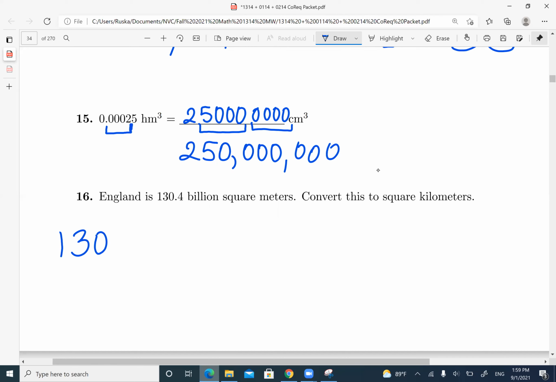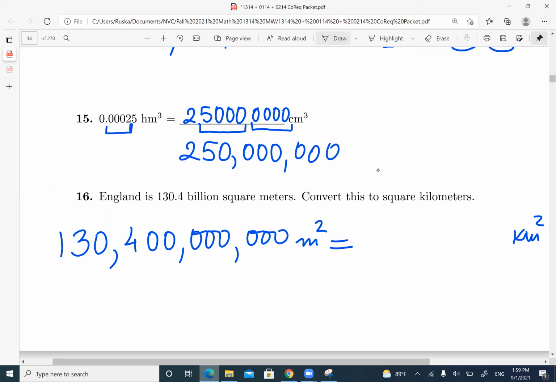That's right. So it's going to be 130, and then I'm going to put 4. So we have 3, 6, and 3 more. So this is 130 billion 400 million. Okay, and this is square meters. And you have to convert this to square kilometers, right?